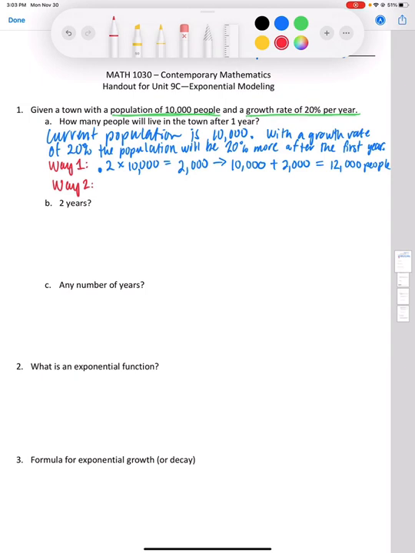If we notice that 10,000 represents 100% of the population, and 2,000 represents 20%, then all we have to do is multiply the 10,000 by 120%.